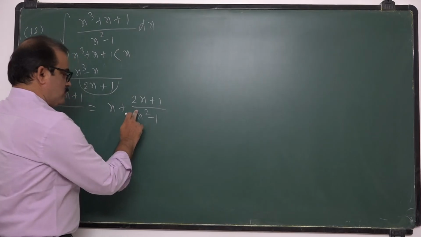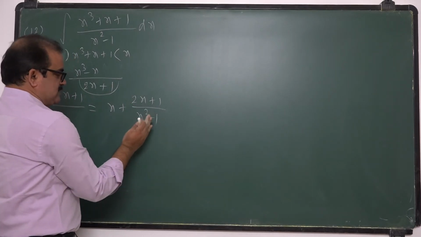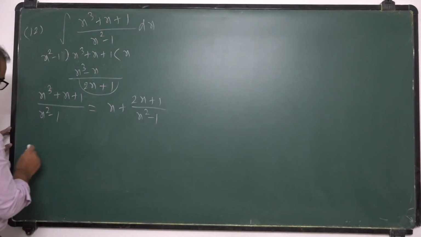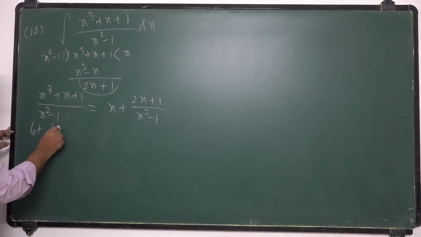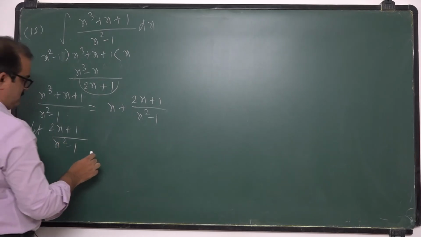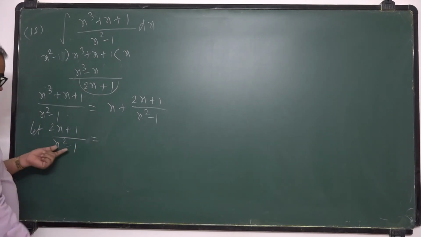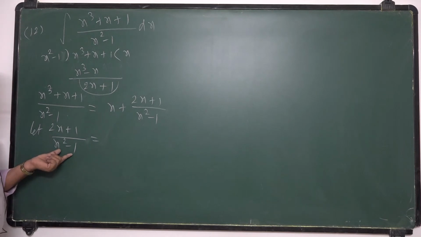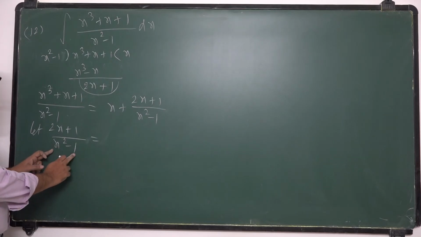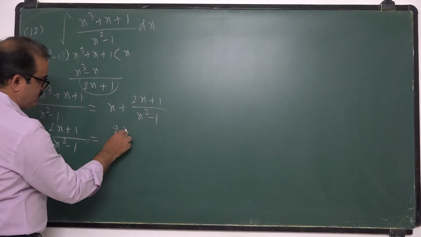Now we resolve this second part into a sum of partial fractions. Let 2x plus 1 by x square minus 1 be equal to, see here, it is a quadratic factor but it is reducible. What are the linear factors of this? We write it as x plus 1 into x minus 1.